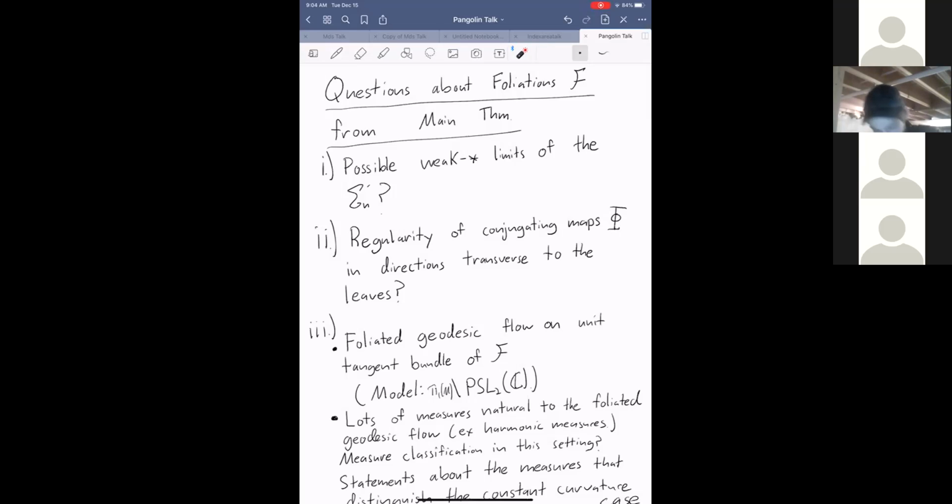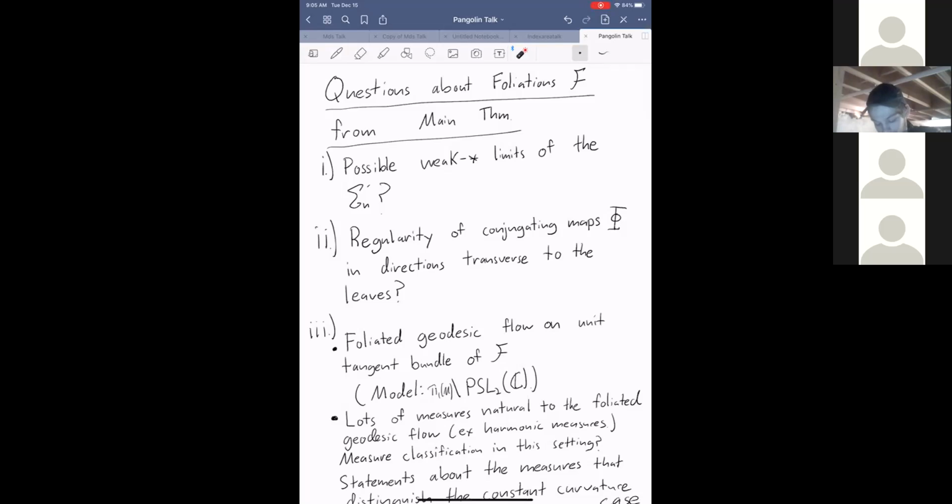And as far as the dynamics of foliations with negatively curved leaves go, I think I'm very much an amateur at that, but one way people study it is they look at the foliated geodesic flow in the tangent bundle of the foliation, so just looking at geodesics tangent to leaves.